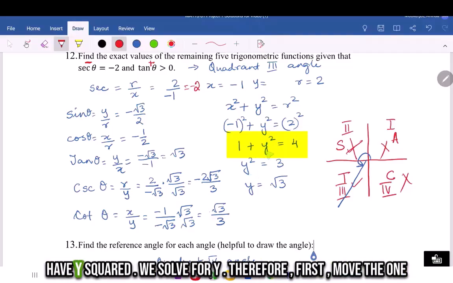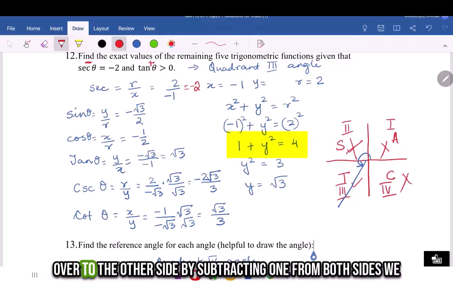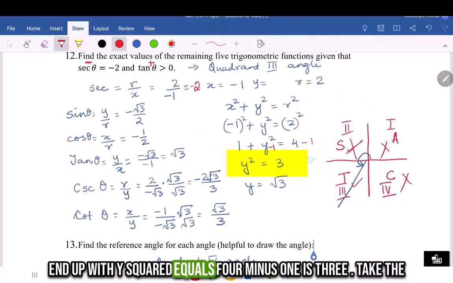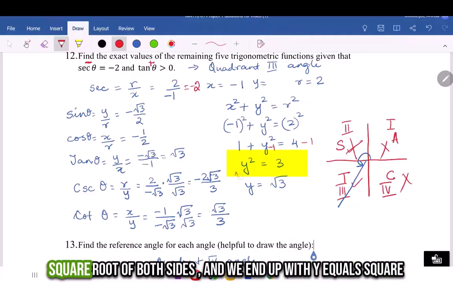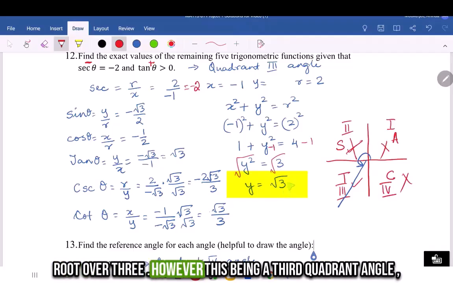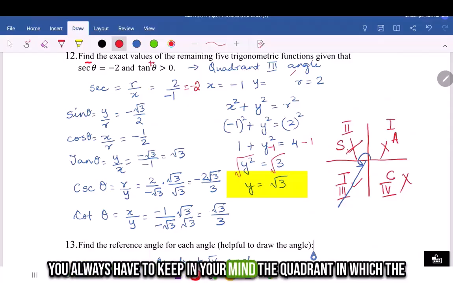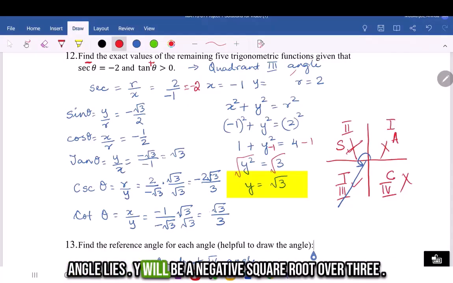We solve for y, therefore first move the 1 over to the other side by subtracting 1 from both sides. We end up with y squared equals 4 minus 1 is 3. Take the square root of both sides and we end up with y equals square root over 3. However, this being a third quadrant angle, you always have to keep in your mind the quadrant in which the angle lies. Y will be a negative square root over 3.